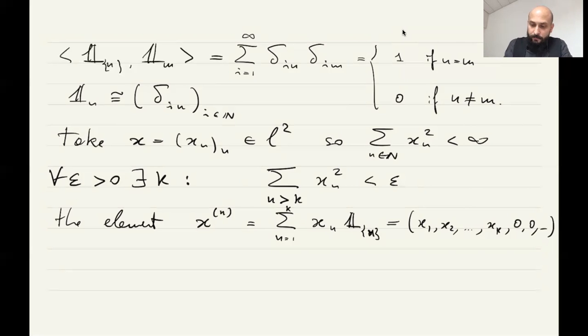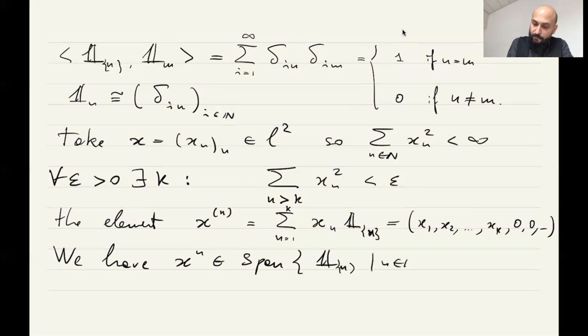Okay, so now we have that this x_k belongs to the span of the y_n. And I claim that this is epsilon close to the initial x.